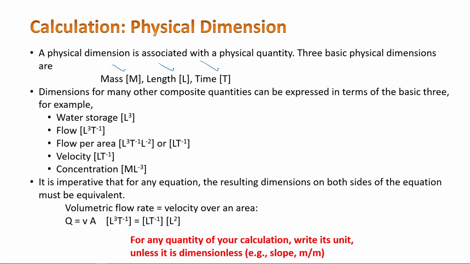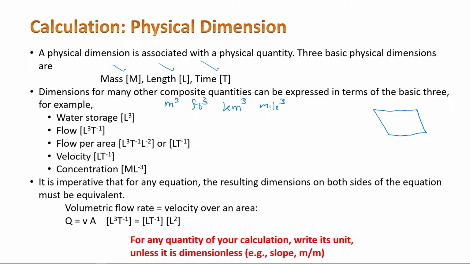derive other dimensions, like secondary dimensions, for example water storage. Water storage could have a unit of, for example, meter cube or feet cube, or kilometer cube, or mile cube. But all these are units; the main dimension here is length.